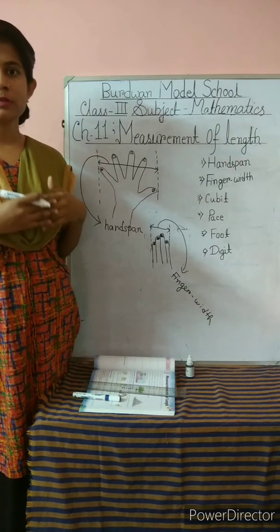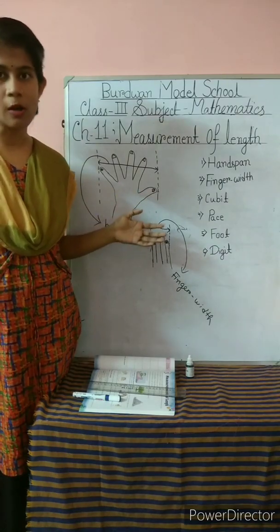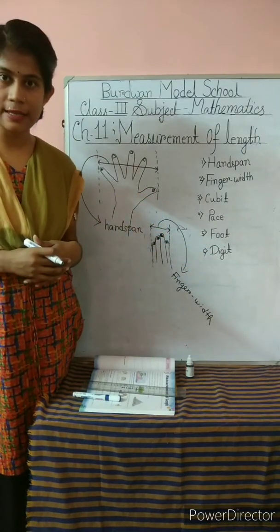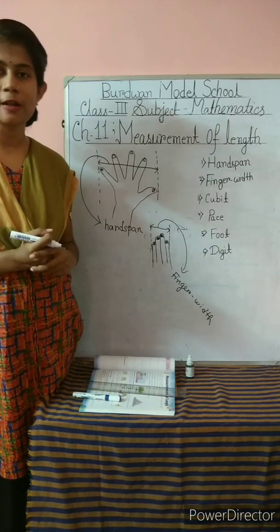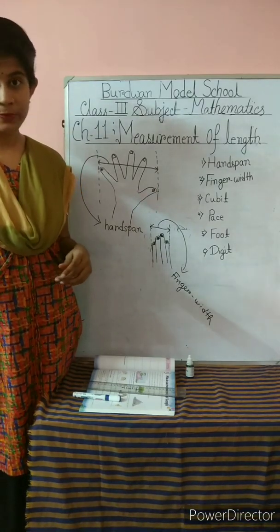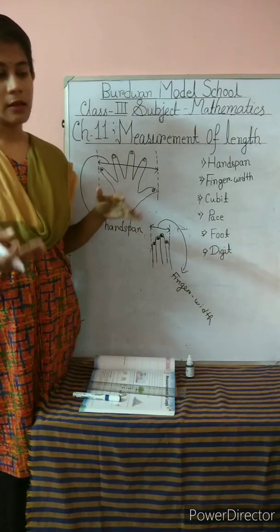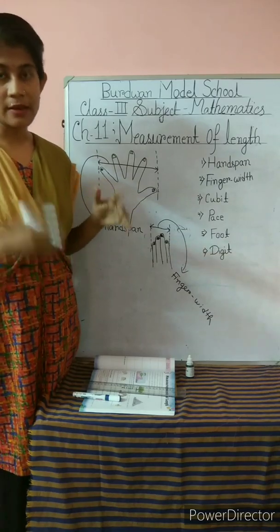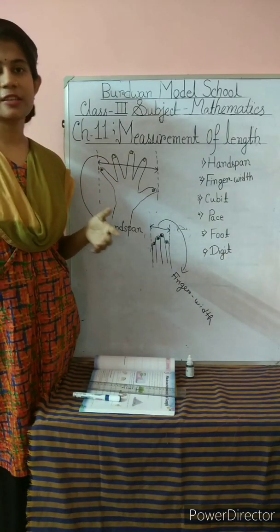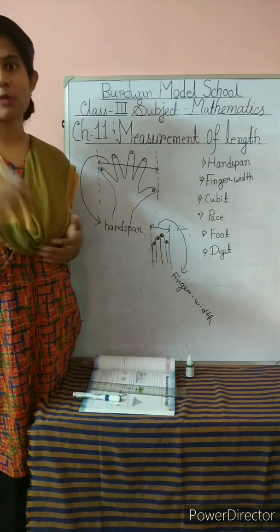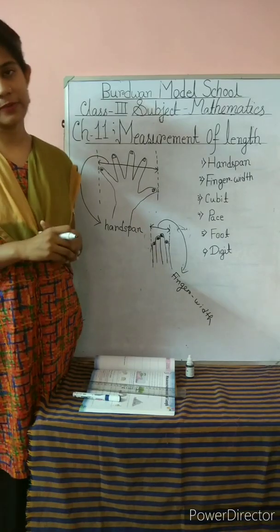Because the distance between Bardwan and Kolkata is so long. The distance between Kolkata and Delhi is also long, so we measure all those distances in kilometers. You can see on the road, after every 1 kilometer, there are milestones, and it is written 60 kilometers to Kolkata or 120 kilometers to Kolkata. All those are given over there.